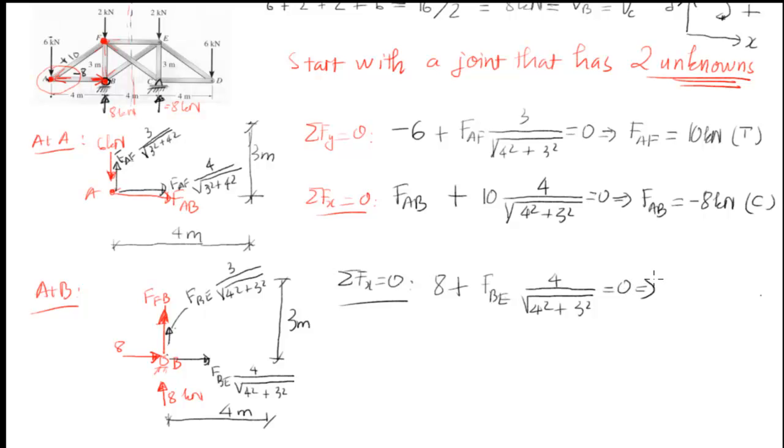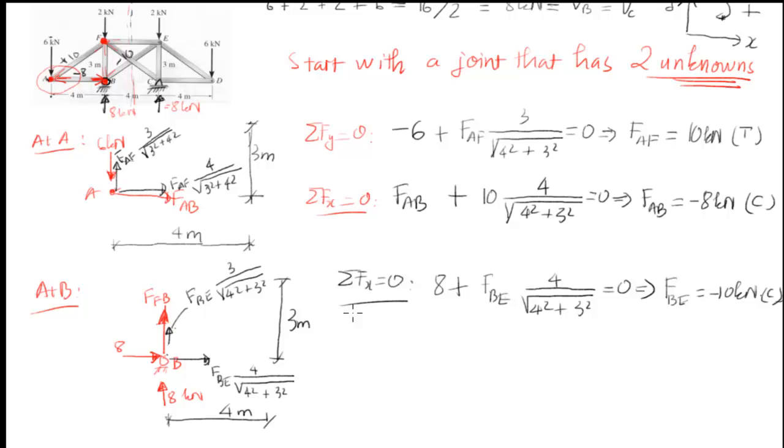Therefore FBE is equal to negative 10 kN, which is compression. So I put negative 10 here.